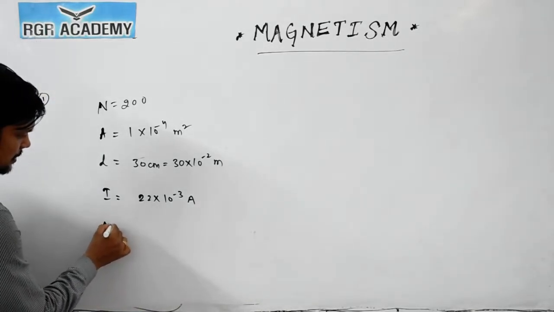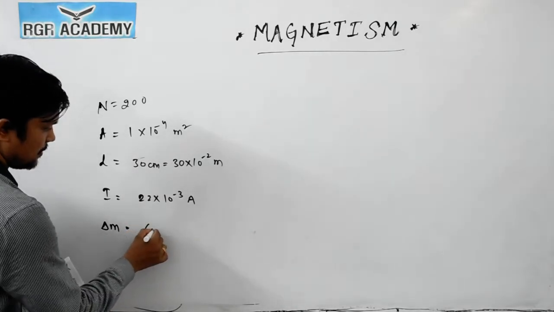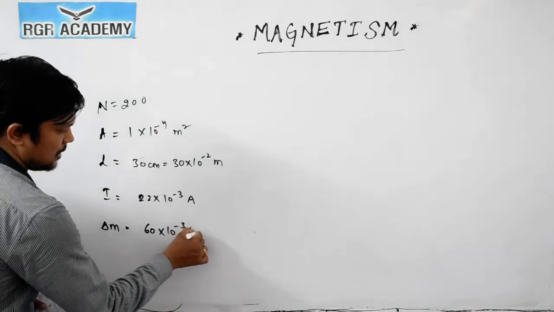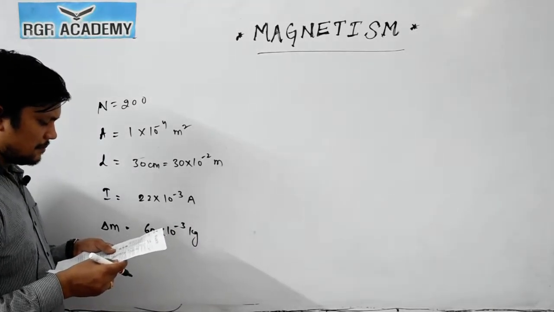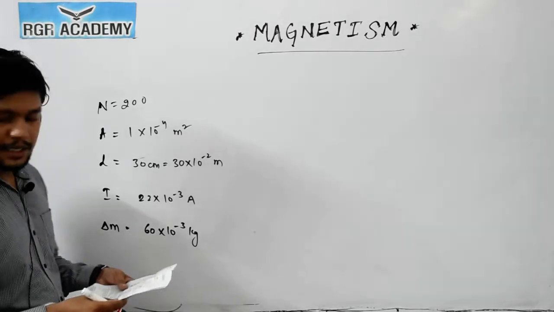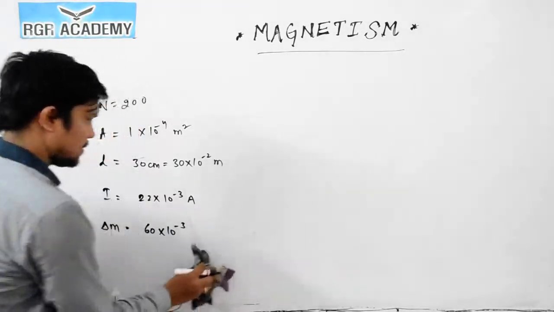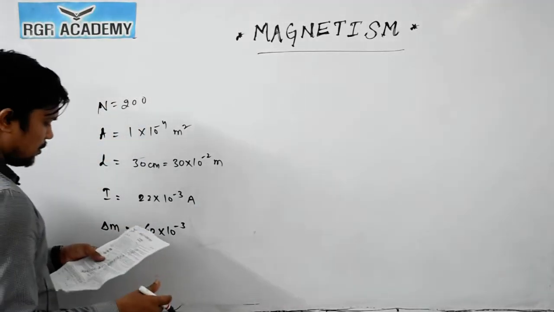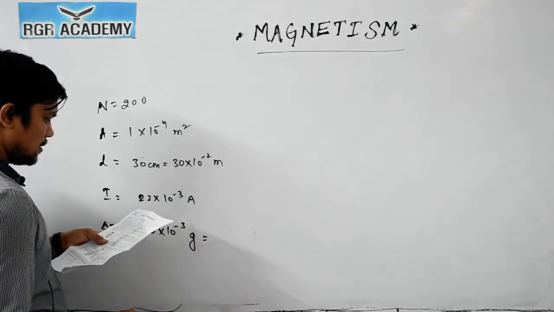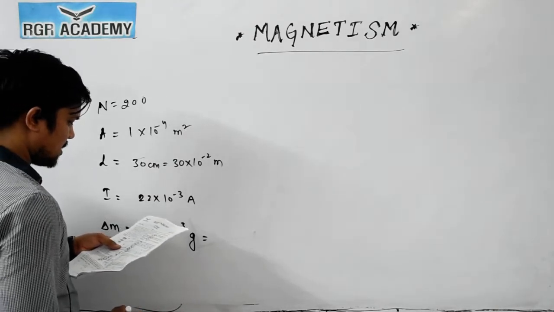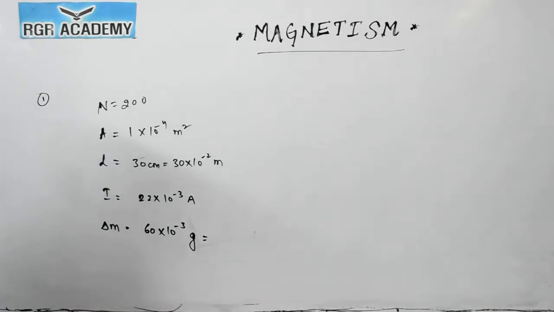So delta m, the excess mass we are putting, is 60 milligram.